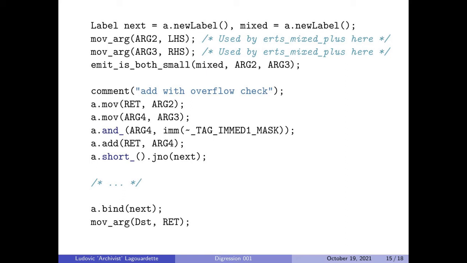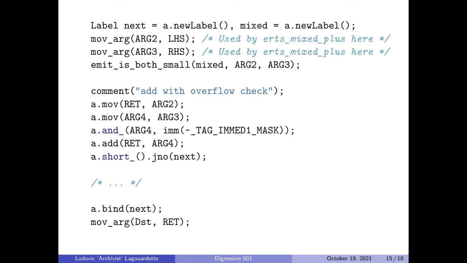We are moving a few values, and more importantly, we are marking the result of our addition as an immediate value, because if you add two 32-bit integers with overflow check, you're never gonna get something that's not a 32-bit integer. And we perform the addition, and we jump to what's supposed to happen next.